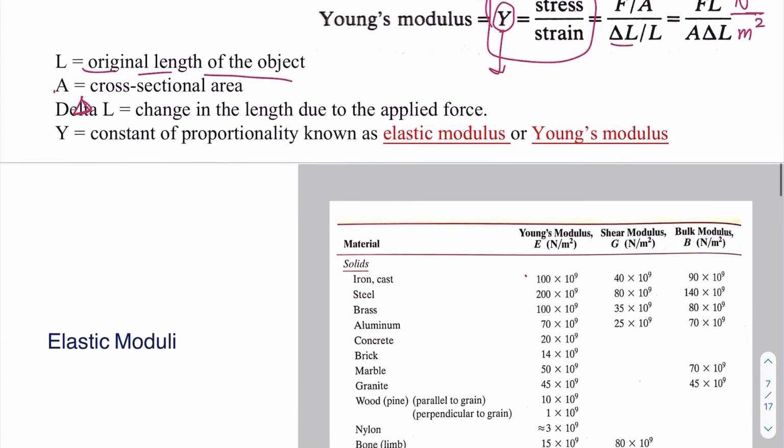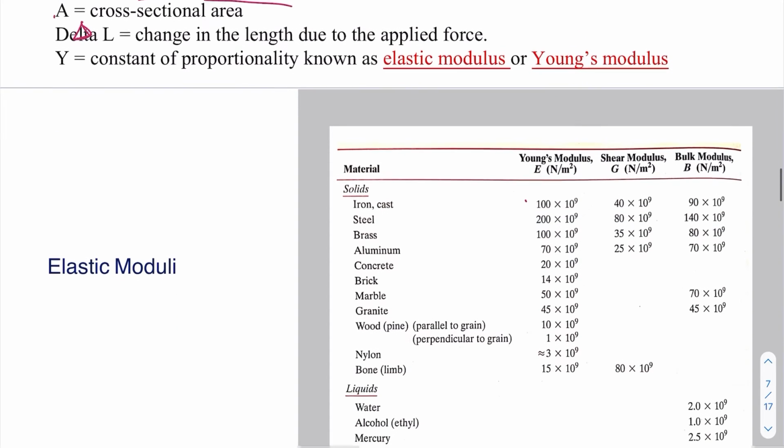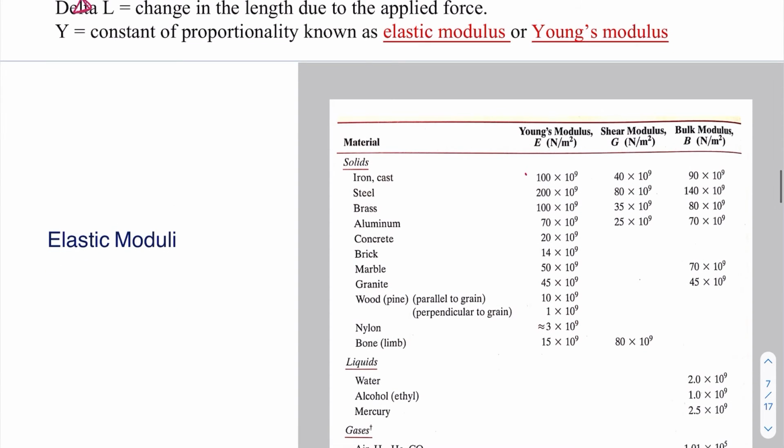number. So there is a table which shows the constant of proportionality, or modulus, of different materials. As you see, different materials here: iron, steel, brass, aluminum, and so on. They have all been tested and measured, and they have a specific number for the tensile elasticity, for example.